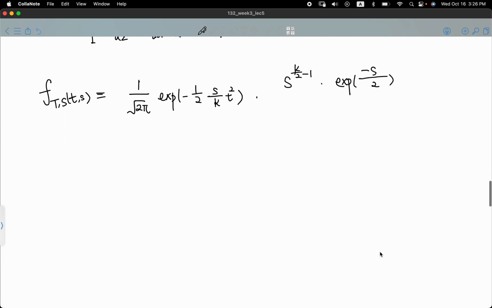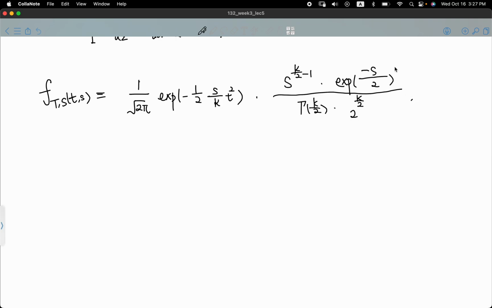And then you will have your gamma function for alpha, so k over 2, and then beta raised to the power of alpha. So beta is 2, alpha is k over 2. Okay, so this is your density function for gamma, but essentially it's a chi-square.